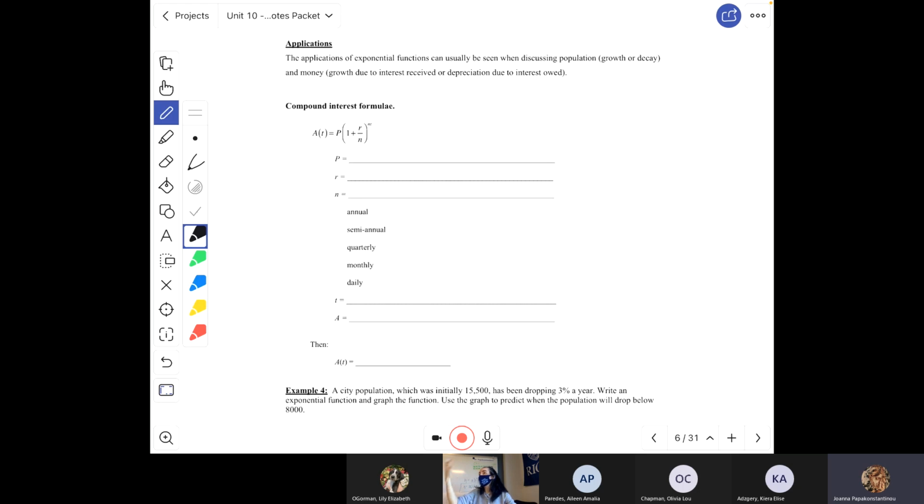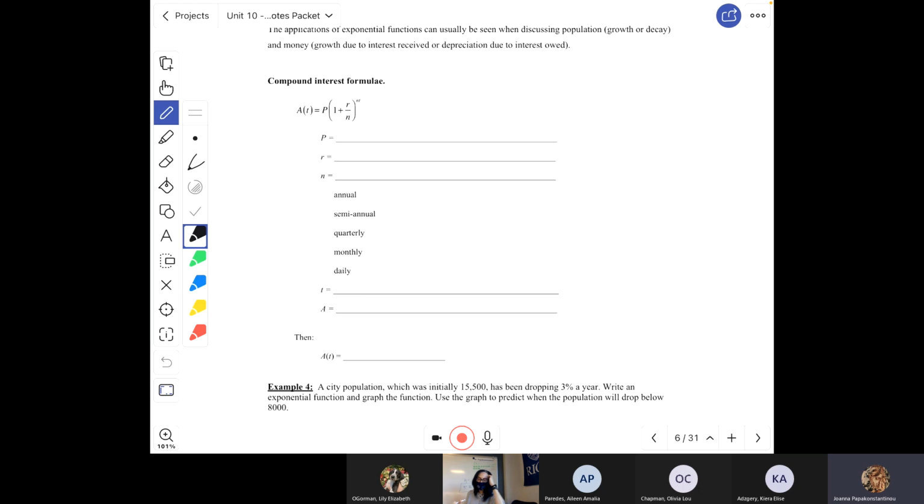So you want to invest money, you get a certain amount of interest compounded, and hopefully your money grows, right? Or if you take out a loan at a certain rate, you start paying, it's going to decay. So we need to be able to understand how we can use exponential functions in money applications.